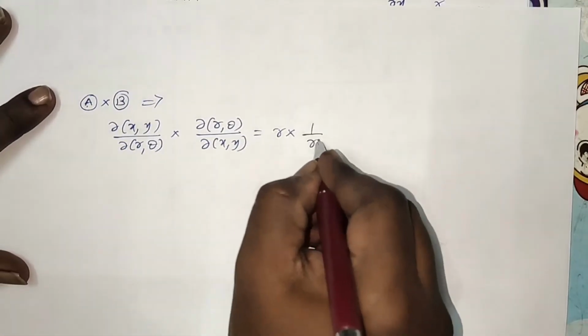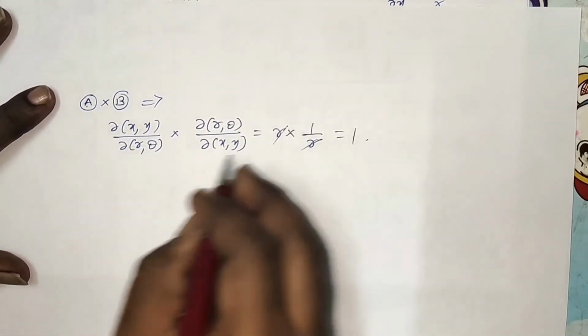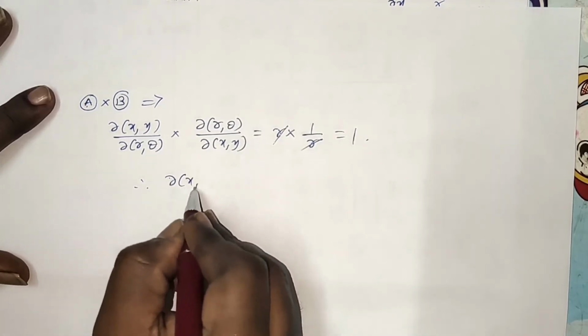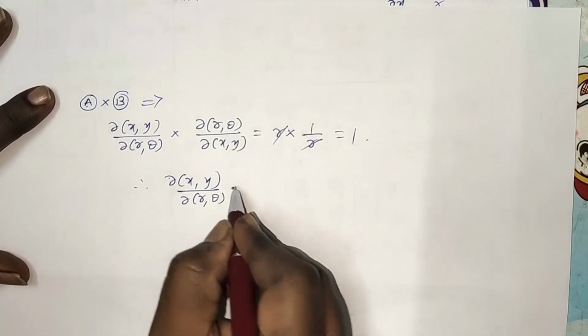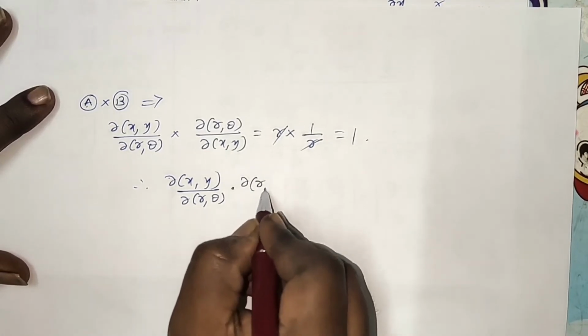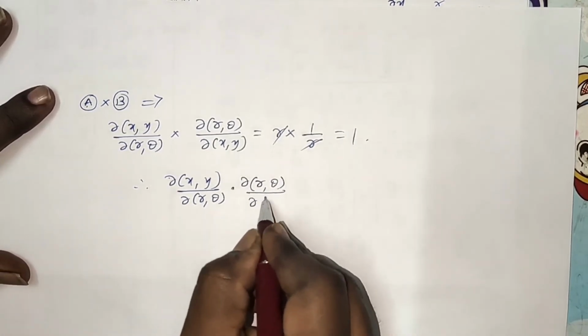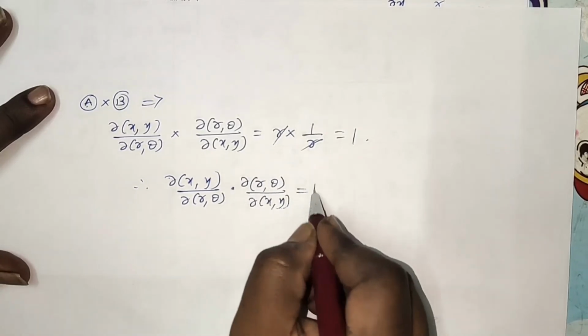So r into 1 by r getting cancelled, result is 1. Therefore, Jacobian property is verified for the given functions. Okay, verification of property is very important for engineering students. So please prepare carefully.